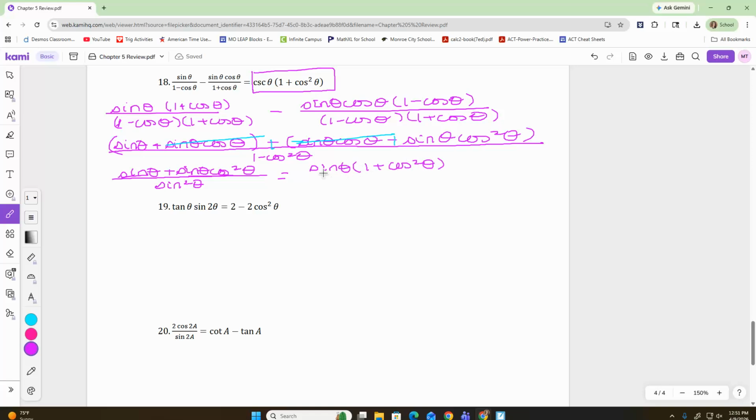That's looking good because I want 1 plus cosine squared. What happens with my sines? I can cancel one of them. So I have 1 plus cosine squared over sine squared, but the reciprocal of sine is? So that is my cosecant times 1 plus cosine squared. Okay, so don't forget to look at your goal so you kind of know what to do next. That will guide you a little bit.